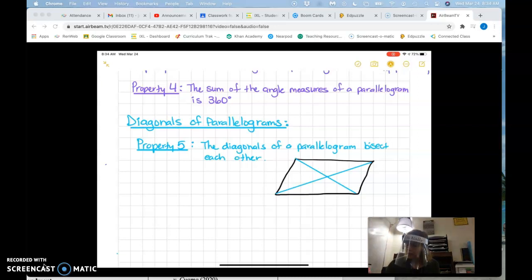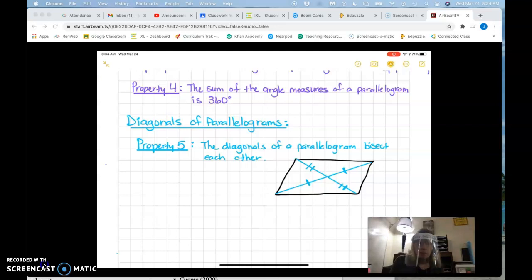And in a parallelogram, they bisect each other, which means that this piece is equal to this piece, just cuts it right in half, and this piece is equal to this piece. But those 4 pieces do not equal each other. Only in a rhombus do they equal each other, and a square.